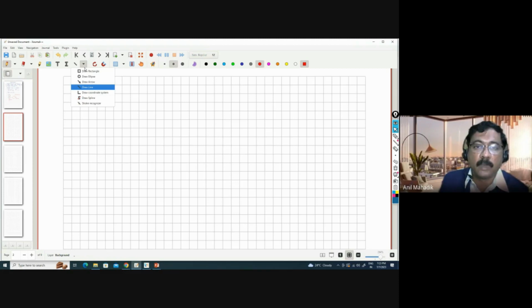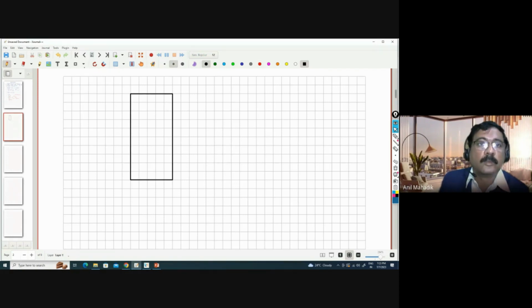Let's say this is your building. Generally, in gravity, the loads are vertically downward, in the gravity direction, right? So ideally speaking, the building should not collapse under gravity loads.